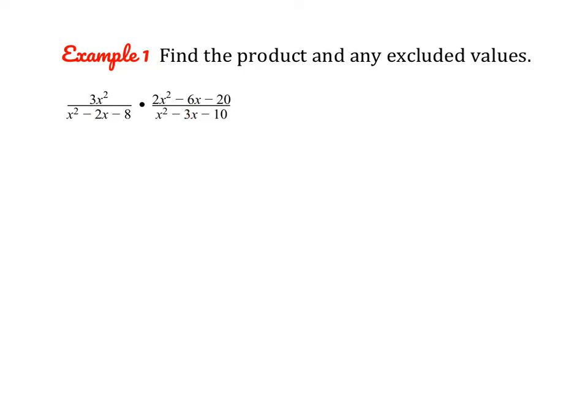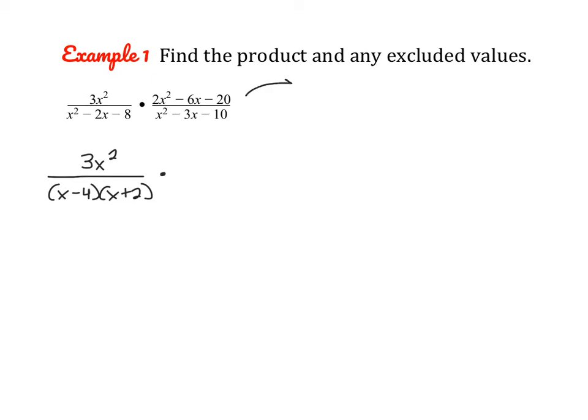We're going to find the product of these two rational expressions and list any excluded values. So for these problems, the first thing you're going to want to do, if it's not already done for you, is to factor everything that you can. So this we can factor with magic x. It's x minus 4 times x plus 2. And then here up top, we can start by factoring out a GCF of 2.